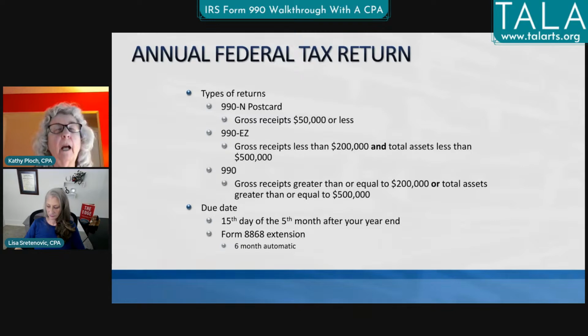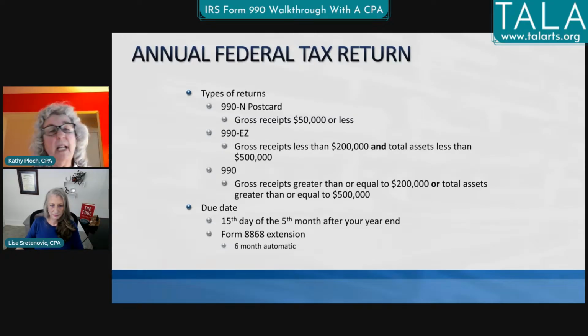One of the things that nonprofits do that is kind of unusual is that a lot of times nonprofits have different year ends. When you have a December year end, we call that a calendar year end. That's January 1 of 25, for example, to December 31st of 25. But a lot of nonprofits also have what we call fiscal year ends.